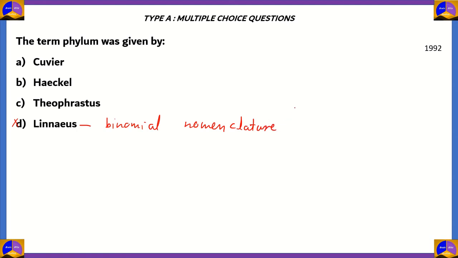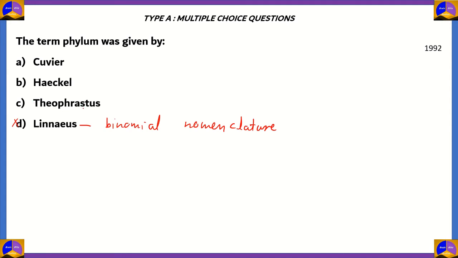However, these systems of classification such as kingdom, phylum, order, etc., were created before or even after Linnaeus gave his binomial nomenclature. So therefore option D is incorrect. Linnaeus is only credited with the nomenclature.